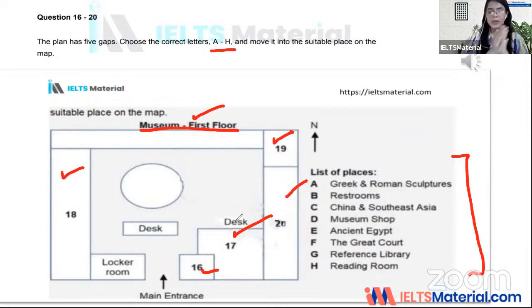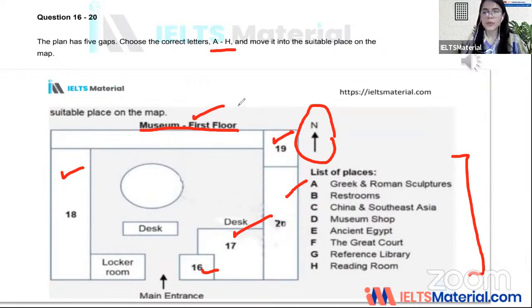Once we have read the question, read our options, seen our map, and followed the flow of the questions, what next? Do you see any clues around the map? Any symbol of any direction? Because I do. Here, yes, we have a direction, N, the north direction.